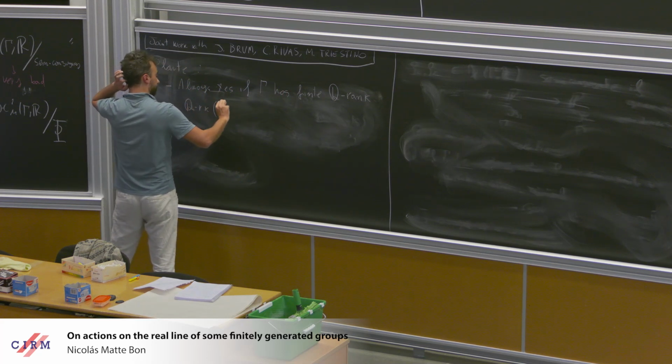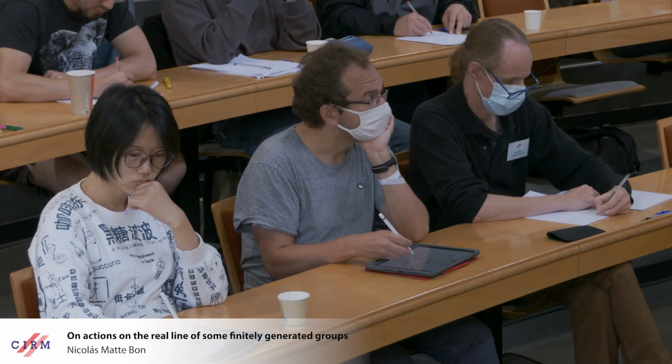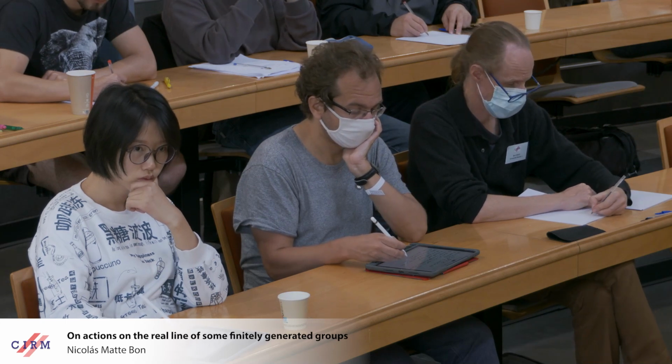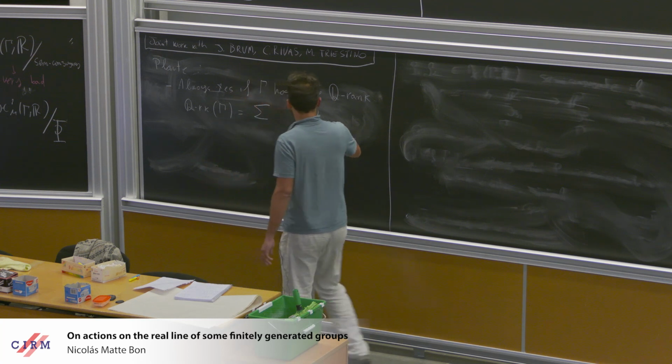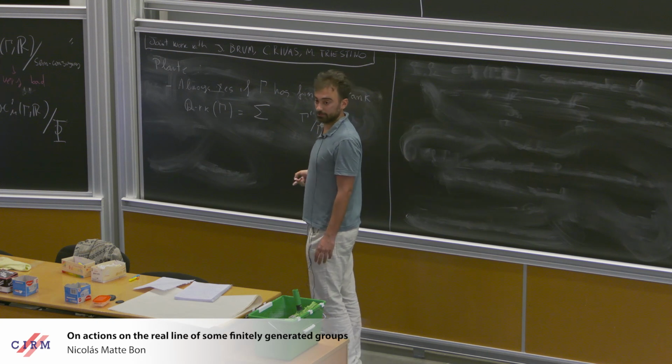For a solvable group, what you can look at is its derived series. So this is the derived series. The first one is the commutator subgroup, then the commutator of the commutator, and so on. It terminates because the group is solvable.